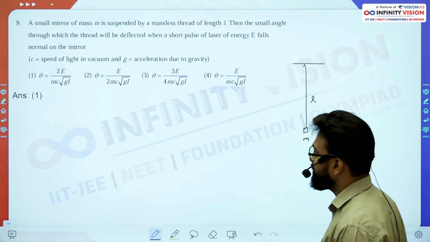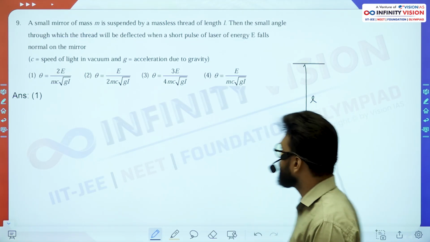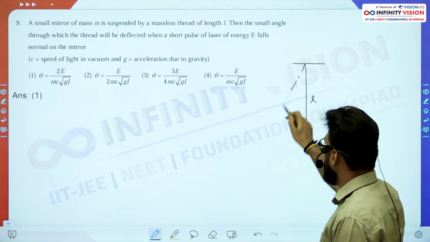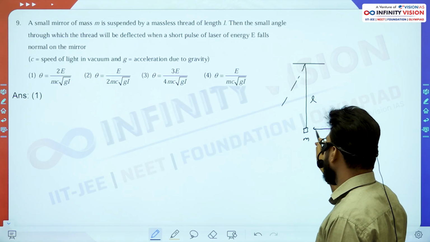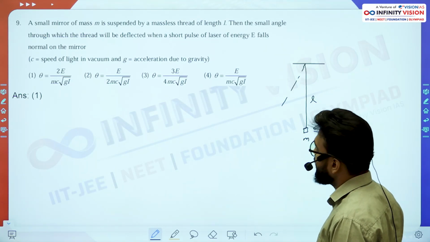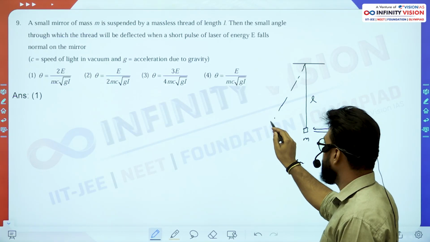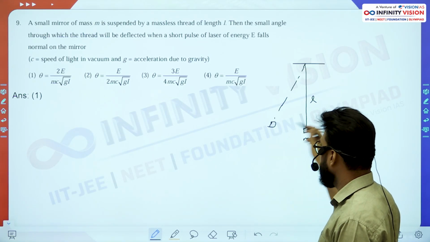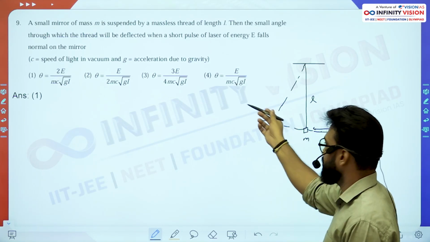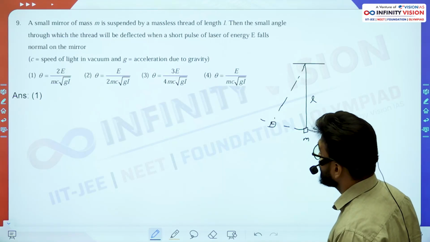C is the speed of light in vacuum and g is the acceleration due to gravity. When a small laser pulse is incident and it strikes back, the mirror will move through a certain distance that you need to find out.